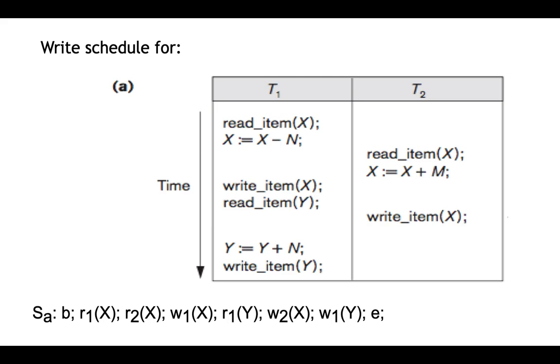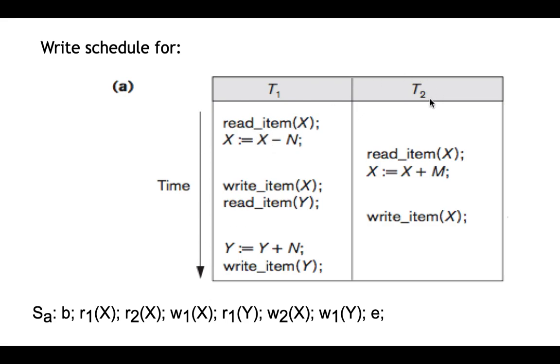As you can see in this figure, after read item X, the step X equals X minus n occurs. After that, the next operation is read item X. The axis is shown as time, so as time progresses, this is the first operation that occurs.